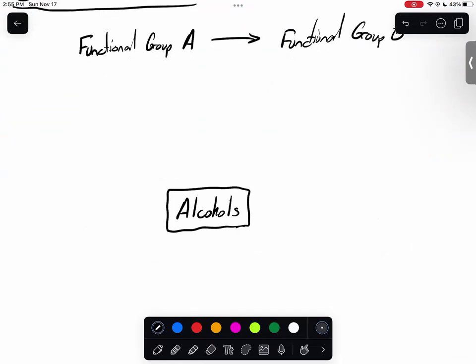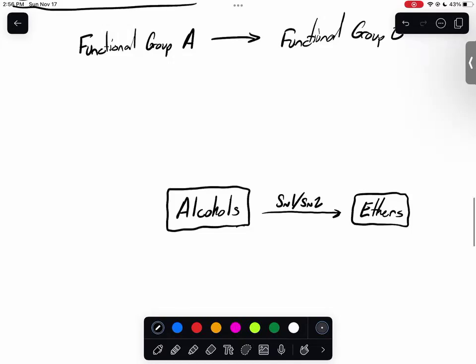What is that something going to be? Well, it depends on what you're looking for. Let's say you wanted to make an ether. All right, you want to take an alcohol, make it into an ether. How would you do that? Well, you'd use the alcohol as a nucleophile, and you would do something like an SN1 or SN2, and that will make you an ether, right?